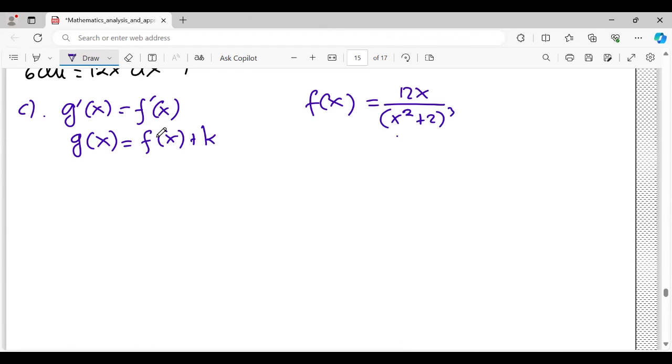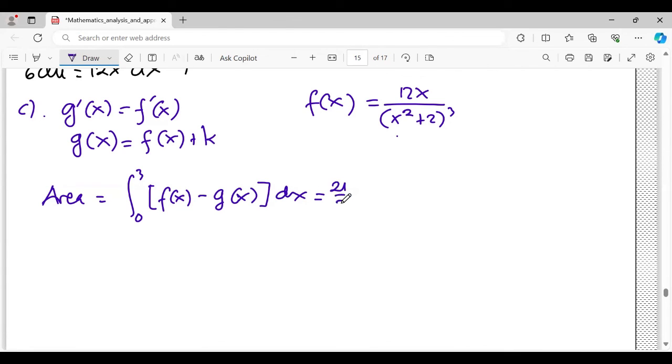So the area is the integral from 0 to 3 of f(x) minus g(x) dx, but the area is 21/2.